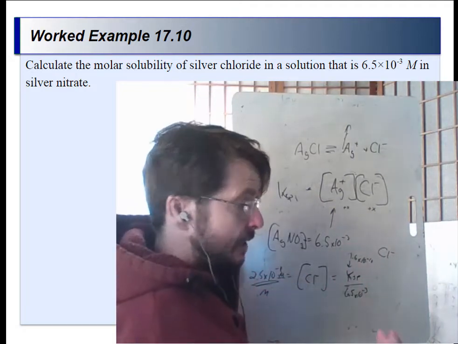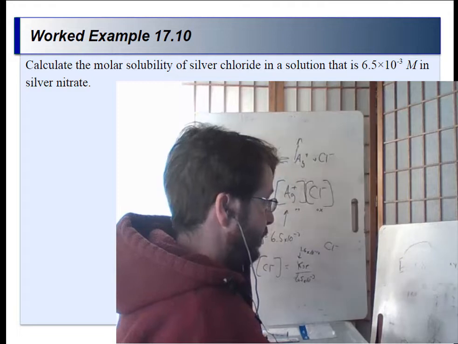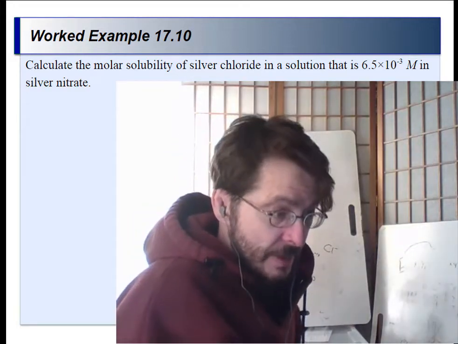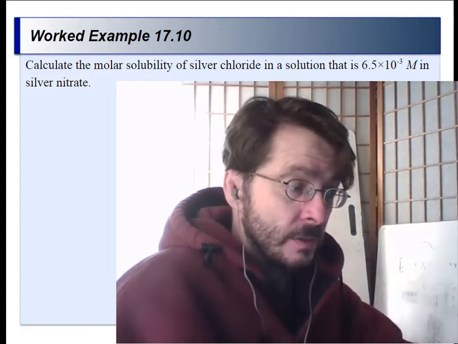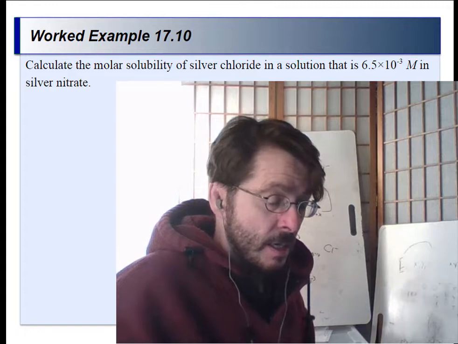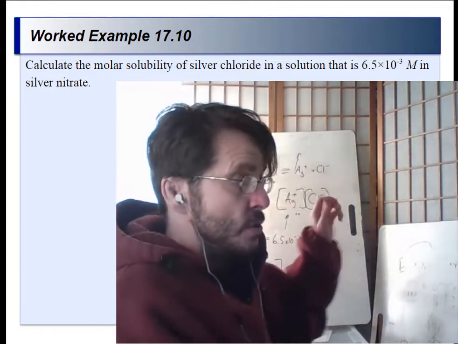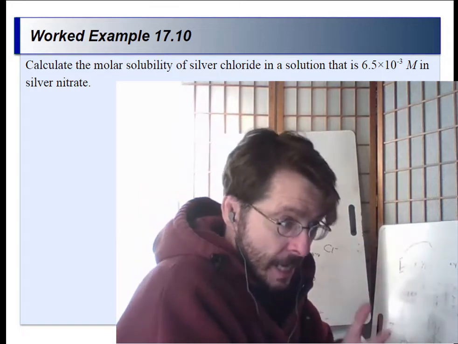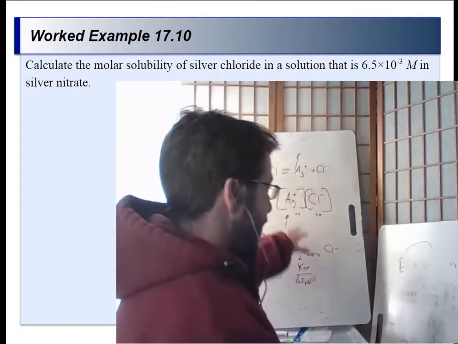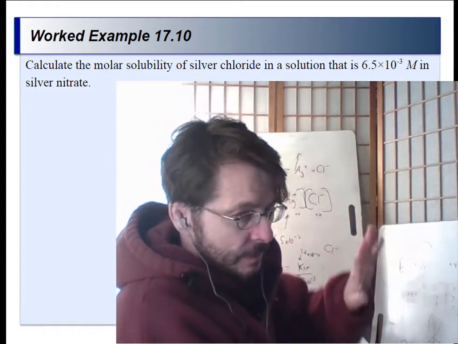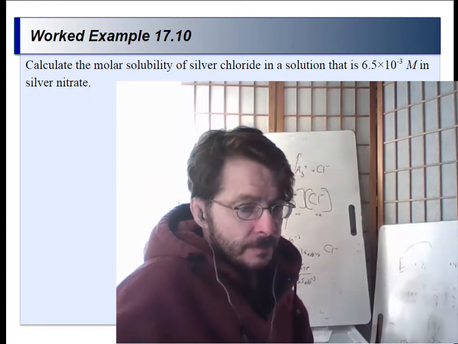We can do this like other equilibrium problems where we know all of the concentrations of the things in solution already. So this is very much like early problems in our equilibrium practice where we knew the constant, and we knew values of other things at equilibrium. In this case, it's ions that are fixed in solution. Right? So, there you go.